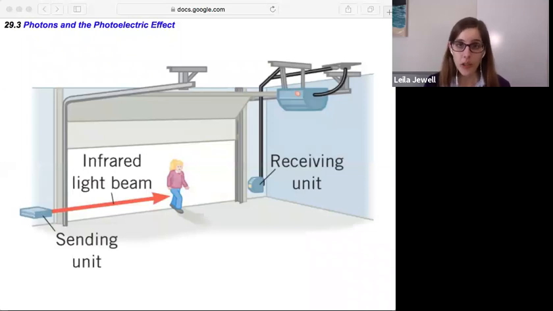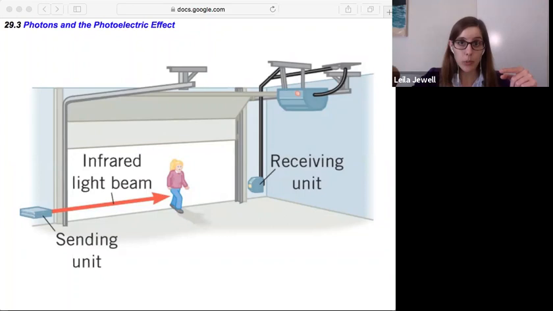Another one is in your garage door opener or closer. There's what looks like a little laser beam that goes across from one side to the other. It's an infrared light, and it just sends those across. And so it's a beam, and that's creating a current.